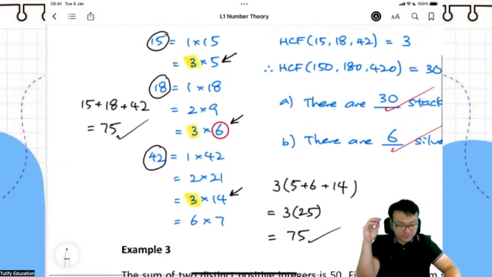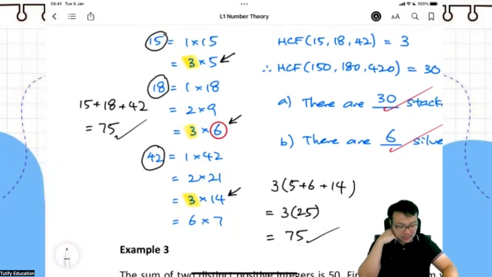So when I have three different numbers, I add them together, I get the sum, right? However, there's another way to get the total sum. You make use of the highest common factor. You multiply it by the corresponding numbers here.